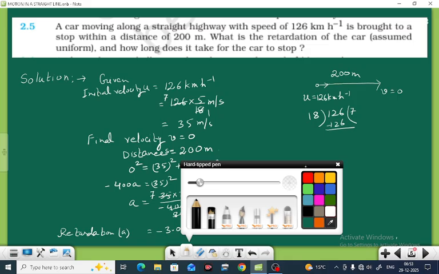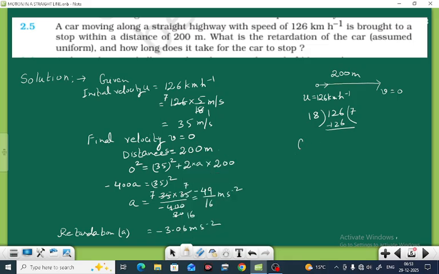It is also given that u is equal to 35 meter per second. v is also given, v is 0, and acceleration is given, that is minus 3.06 meter per second square, right?